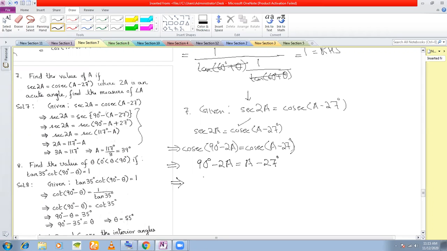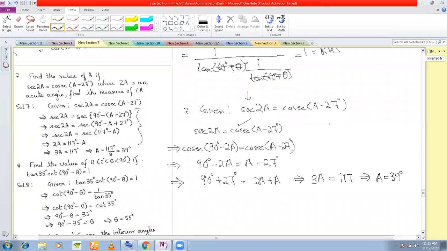So what happens is that this is 90 degree plus 27 degree is equal to 3A. 3A is equal to 117. Therefore, A you get 39 degree.